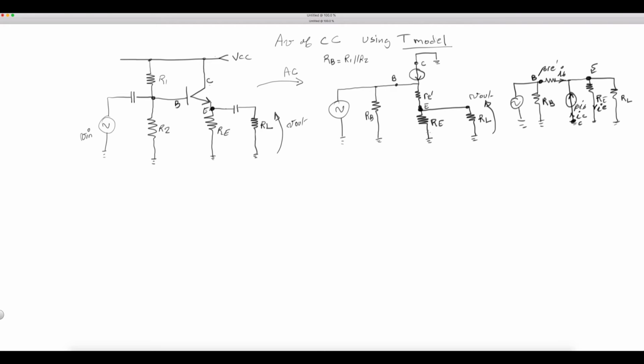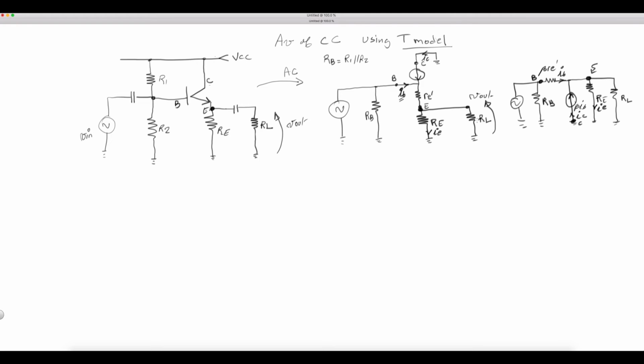So what do we have here? Here we also have IE. Notice everything is lowercase, right? Little IB is here. So be really careful that the current little IB does not go through the resistor here. It really is the sum of IC plus IB going through little RE, and it's almost the same current going through RE here.